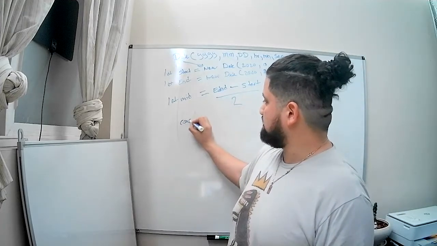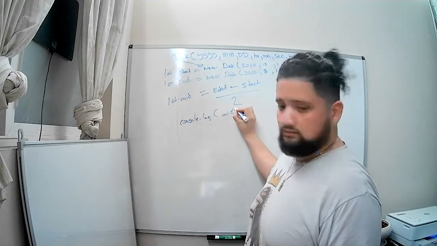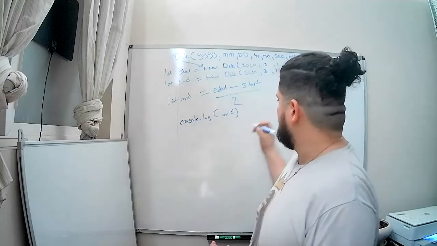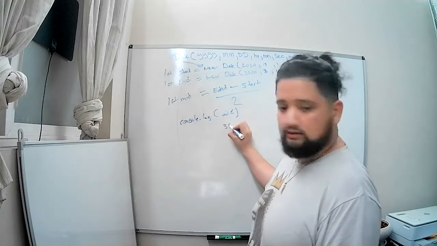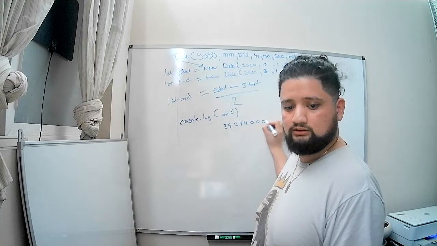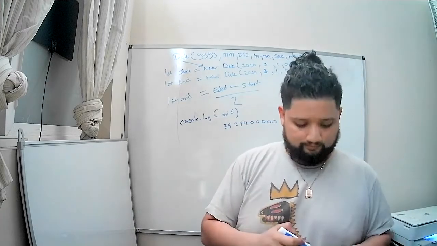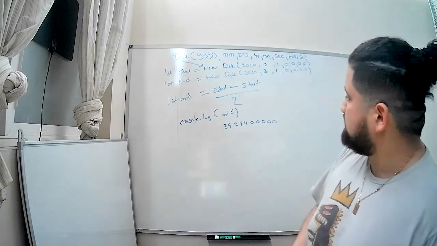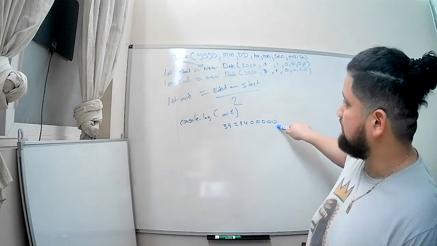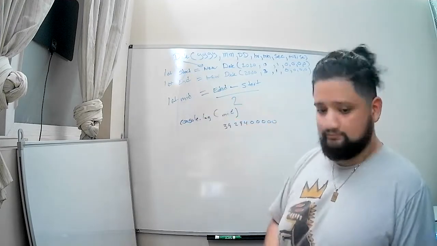And once we console log mid, we get a strange output, and that is 392940000. Now, what does that mean? That simply means that there's this amount of milliseconds in between the starting date and the middle date.